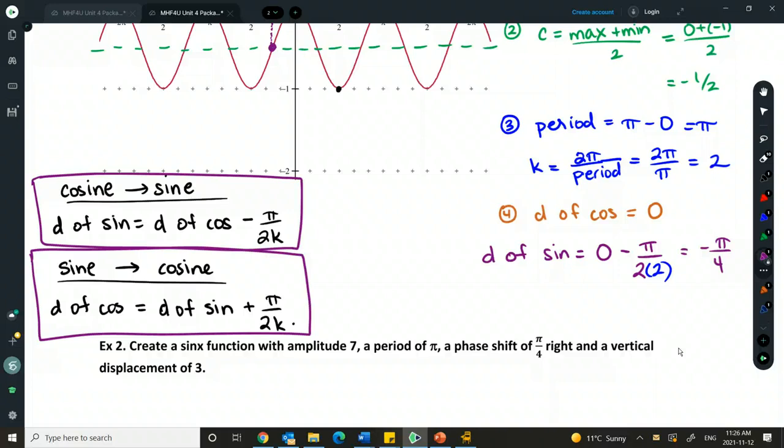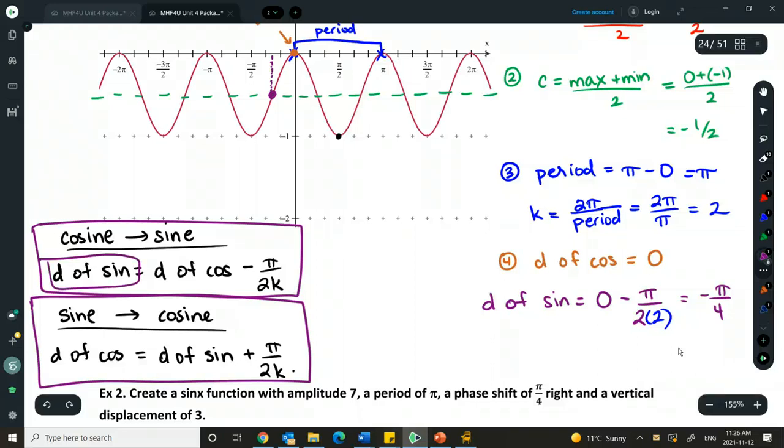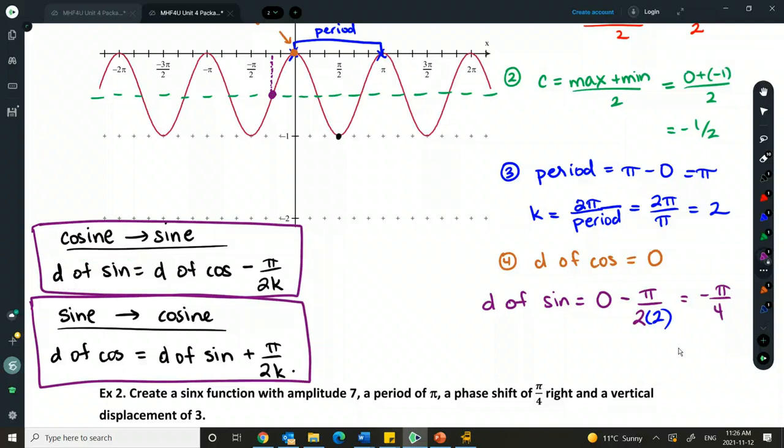Okay. So if I have cosine information and I want to make it into a sine equation, I have to find the different d value, right? So if I have the d of cosine already, I can find the d of sine by doing d of cosine, the one that I already have, minus pi over 2k. Does that make sense? Are you sure? Yes. Okay.